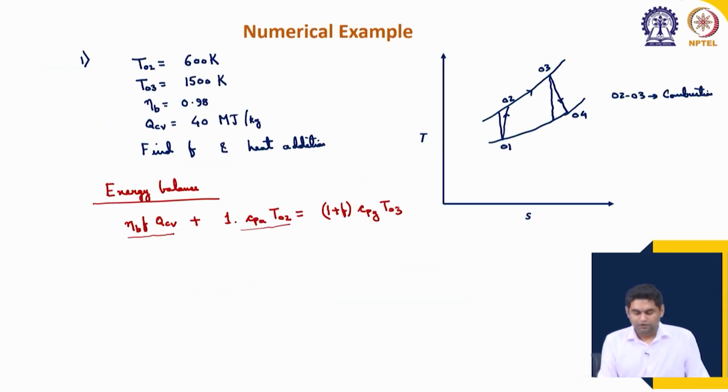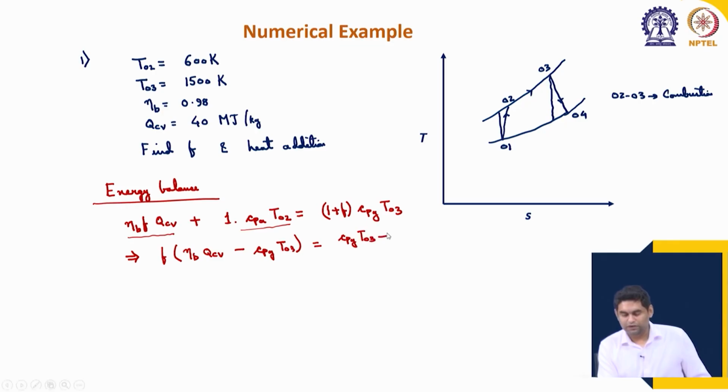Taking all the F terms together, we can write this as eta B Q CV minus Cpg T03, multiplied by F, equal to Cpg T03 into 1 minus Cpa T02 into 1.